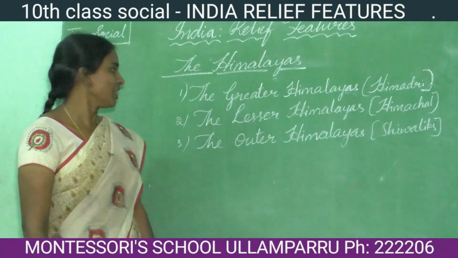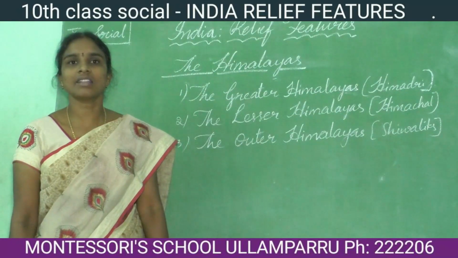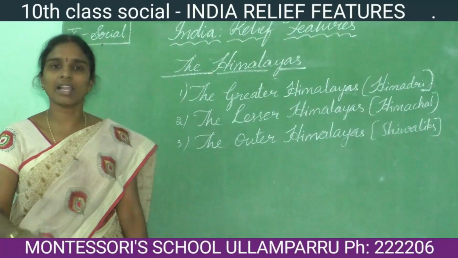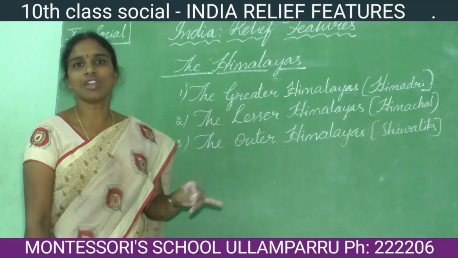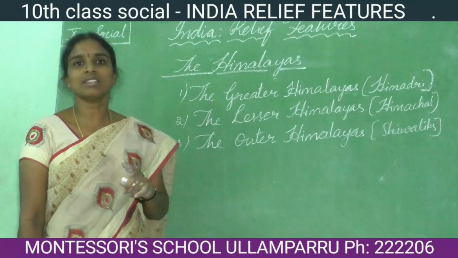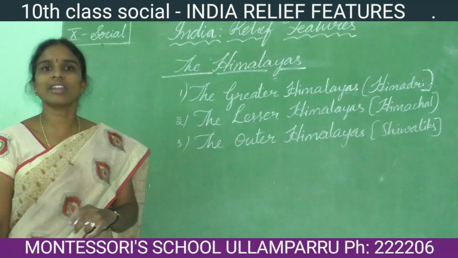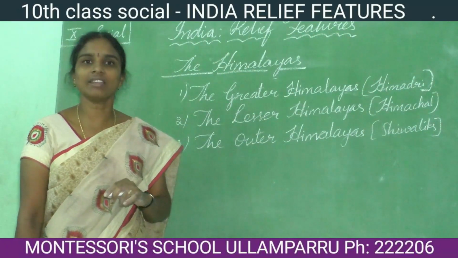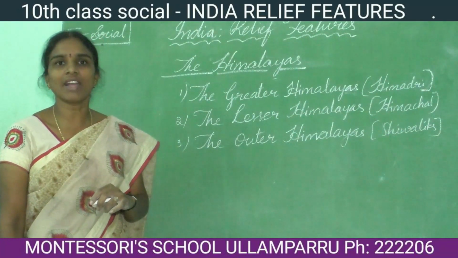Next, coming to the Lesser Himalayas. The Lesser Himalayas are the next range of the Himalayas. They have an elevation of 3,700 meters to 4,500 meters. In the Lesser Himalayas, we can find valleys like the Kashmir Valley.